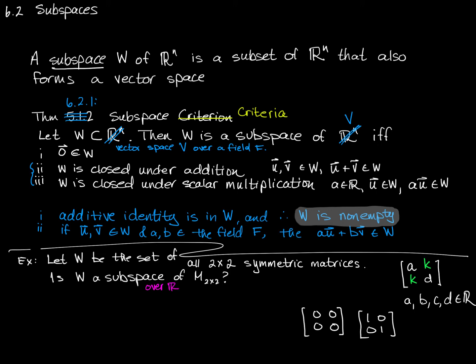So I need to check whether, let's let A and B come from the real numbers and check whether A times a vector u in W plus B times a vector v in W turns out to be also in W. This is what we're trying to determine. So let's take a look at that.